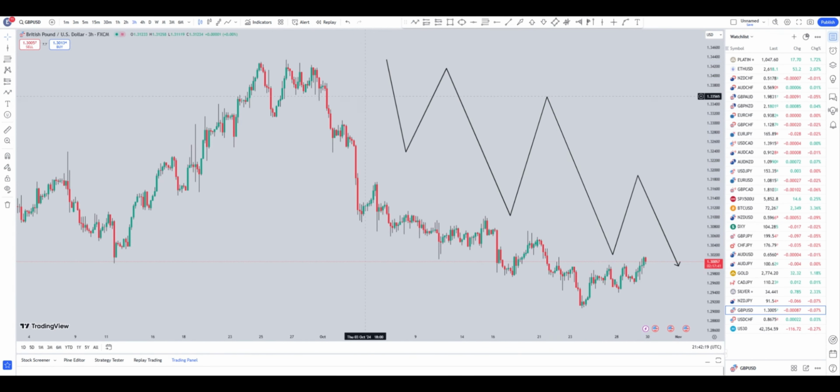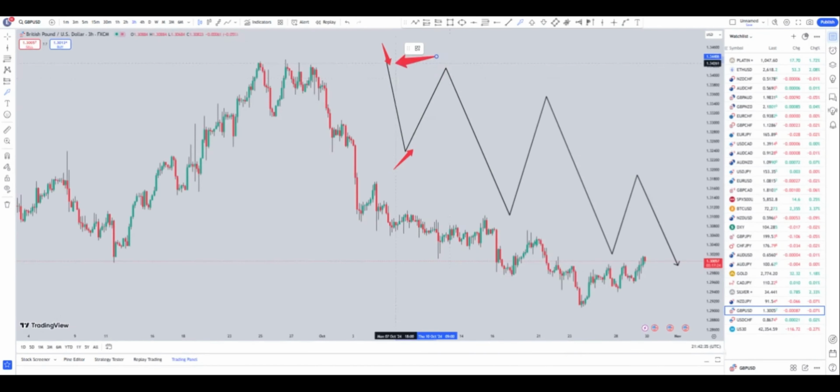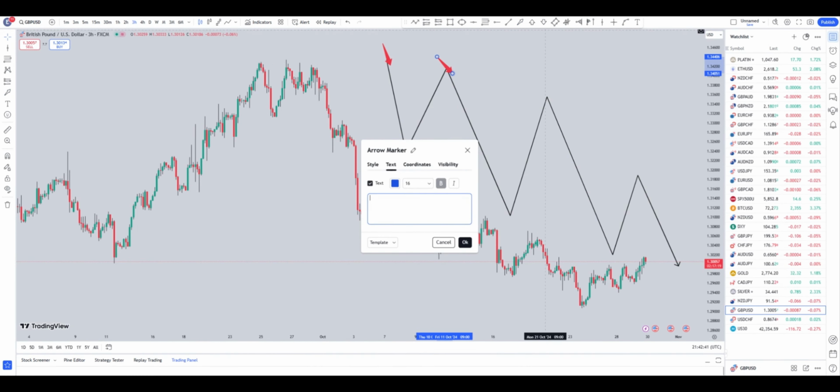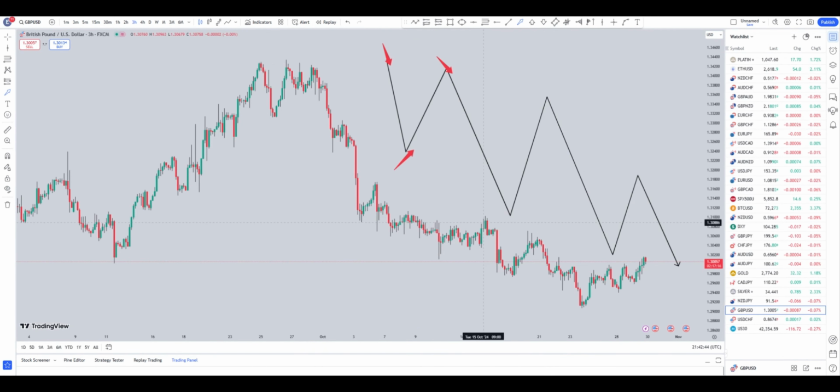It might not be perfect like this, but it is seen obeying this structure. We have something like this point being the high, and here being the low, and here we have a lower high. Why? Because this high here is lower than this. So we have a lower high, and here we have a lower low because this low is lower than this.